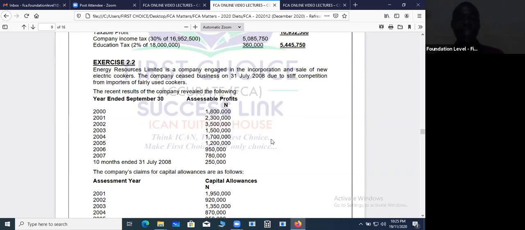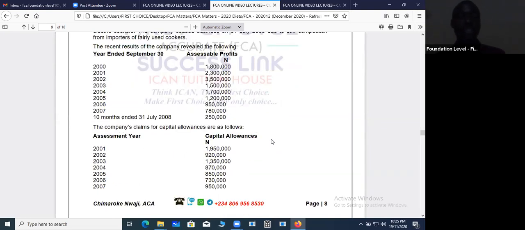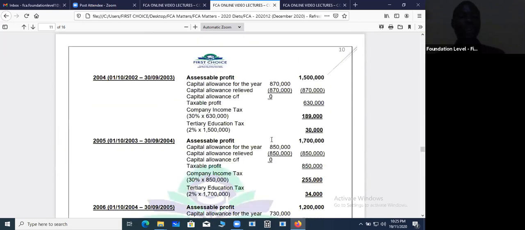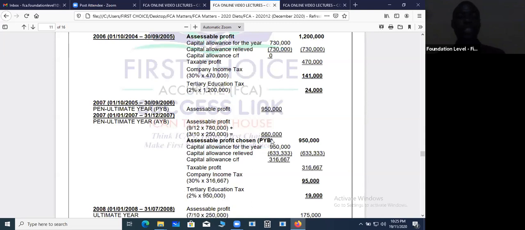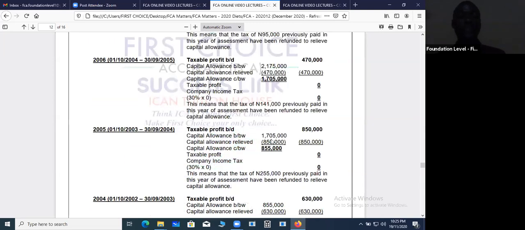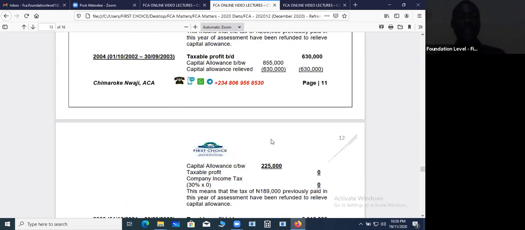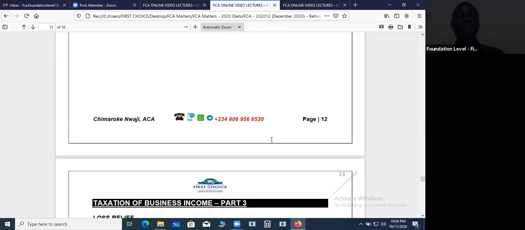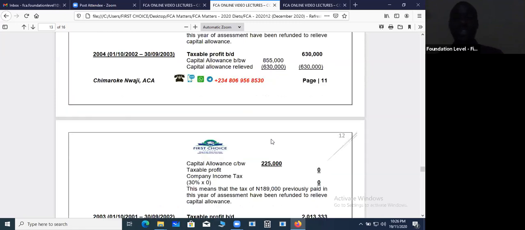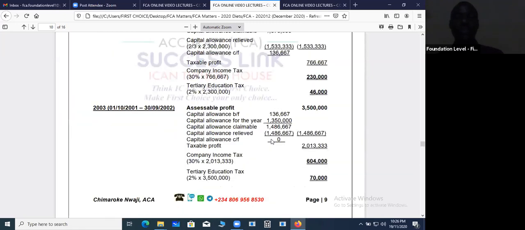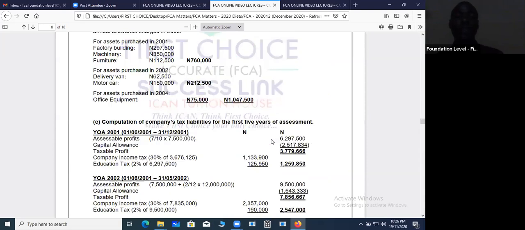Then after that, we'll be entering into losses, how we can handle loss relief. We'll touch that one in brief, and that will be all on Saturday. So keep a date with us, 7 o'clock on Saturday, when we'll be doing a brief overview of what we've learned today and continue from question number 2.